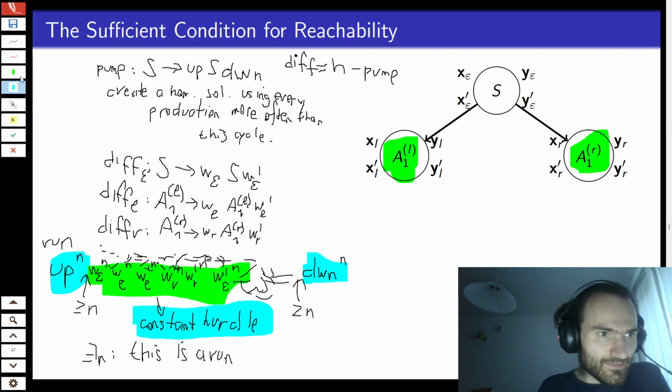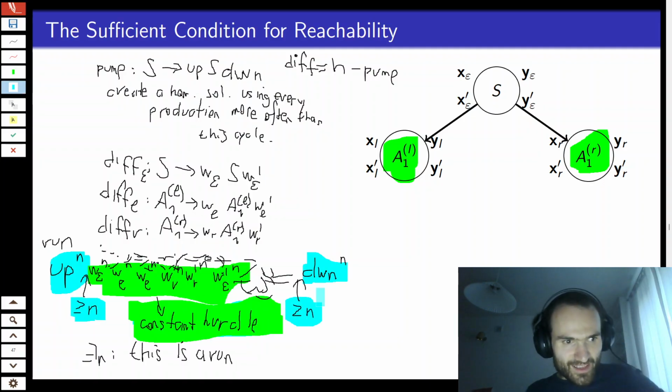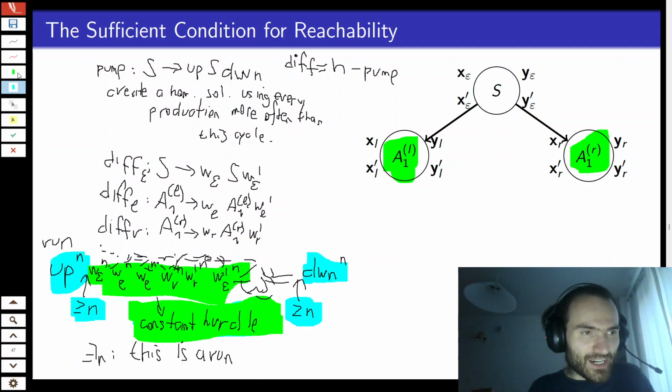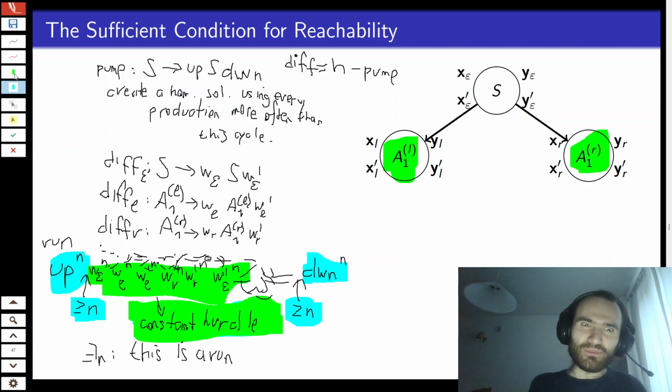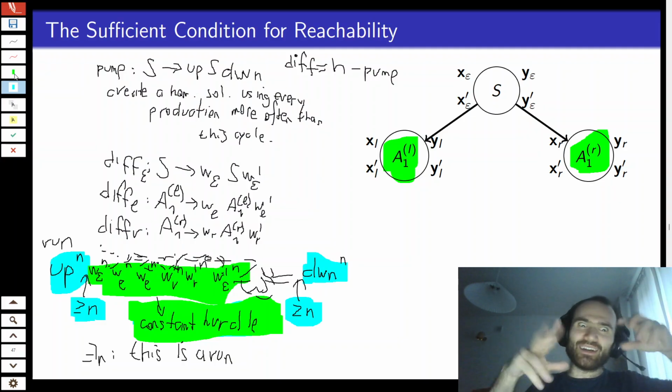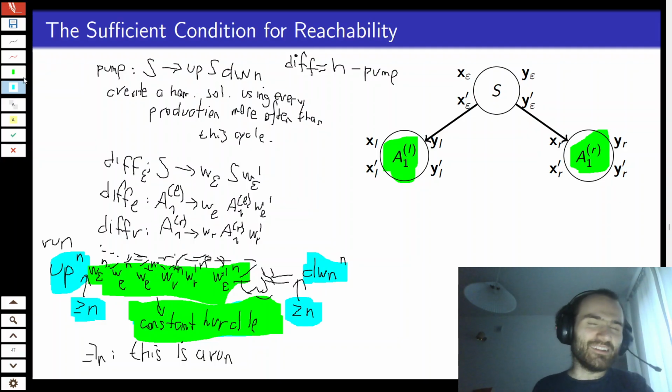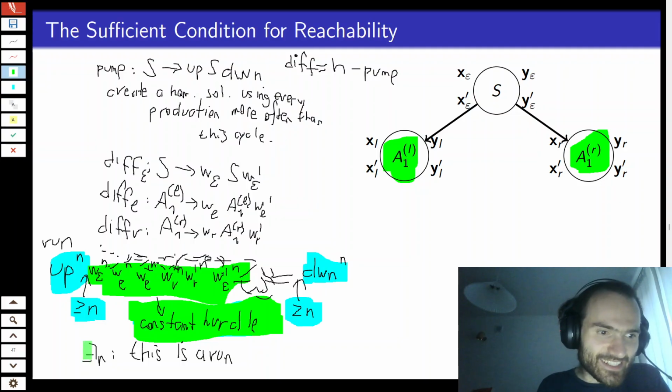This has constant hurdle, and the point is this is linear. And so in total, if I construct my word this way, taking the pump n times, doing this homogeneous solution, and the Z run somehow inserts itself in the middle, then there is an n such that this is a run.